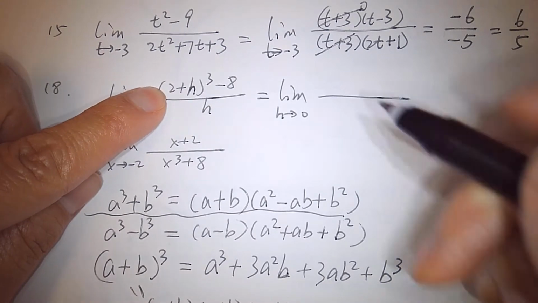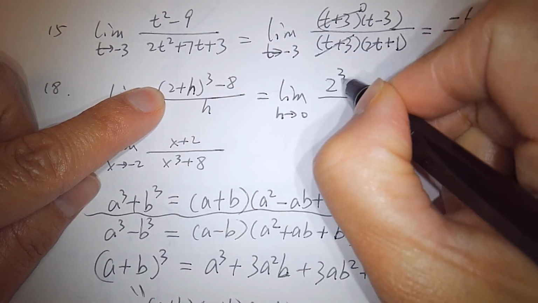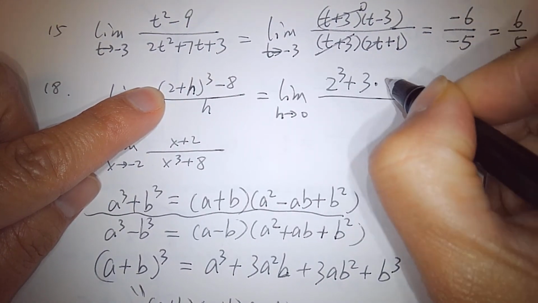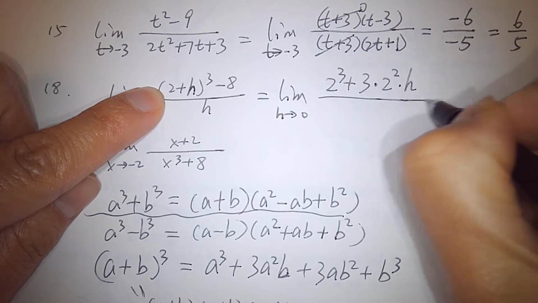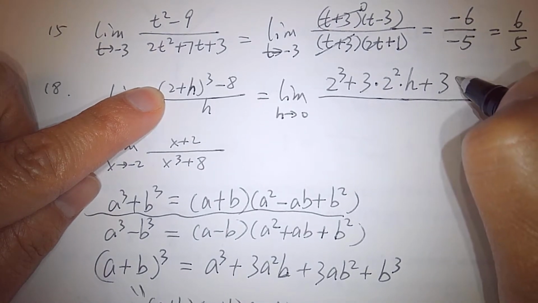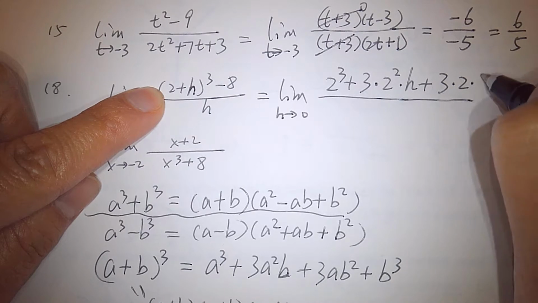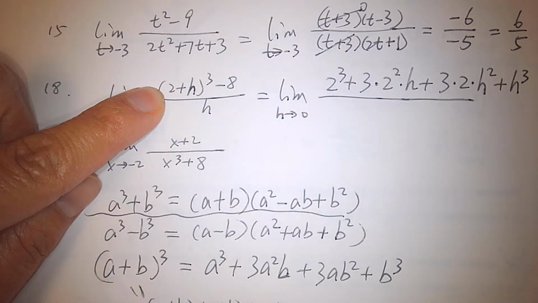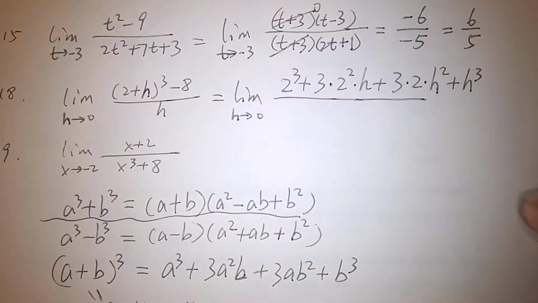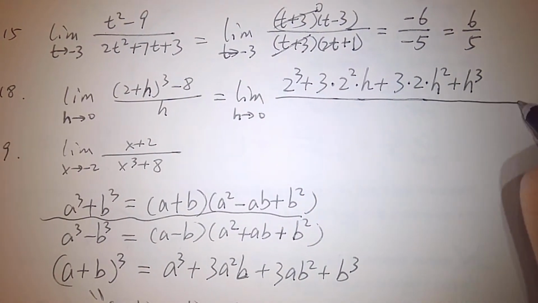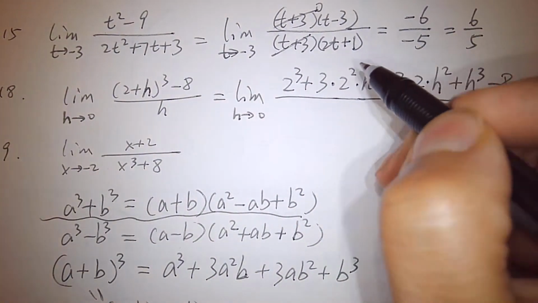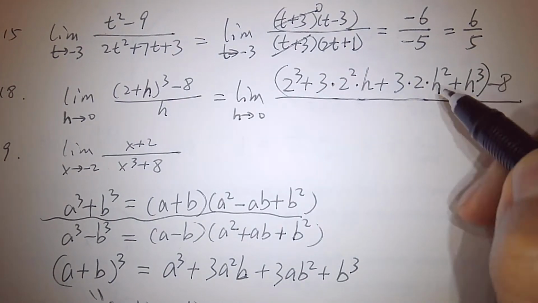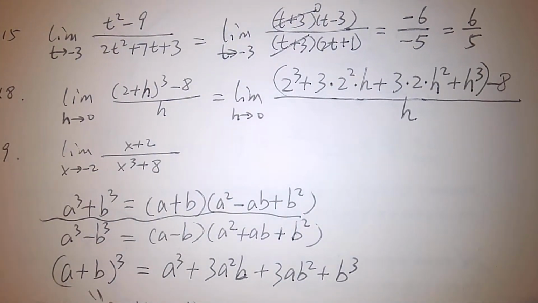So a is 2, a to the cube plus 3 times 2 squared times h plus 3 times 2 times h squared plus h to the cube, okay? And then minus 8 and divide by h.